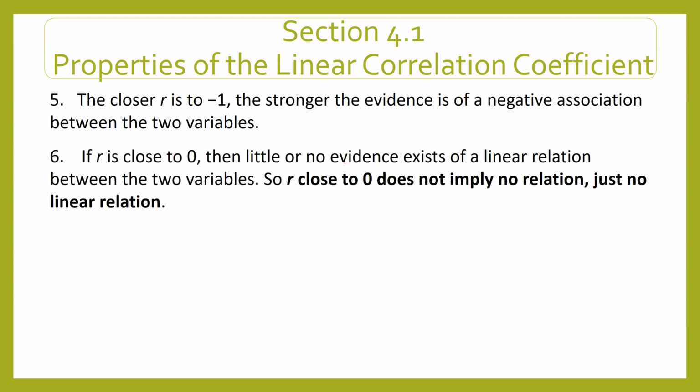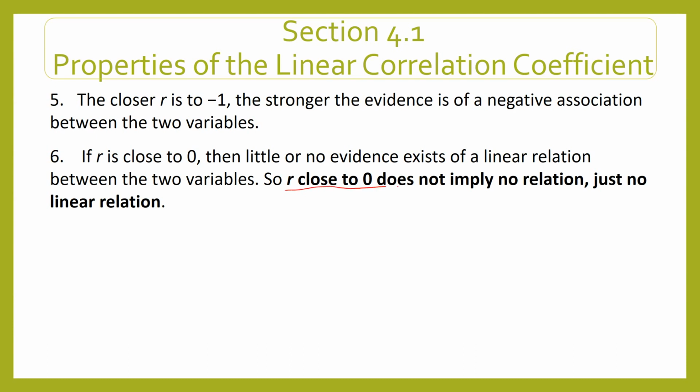If R is close to 0, so we move to the right, +1, we move to the left, -1, and then what happens if we come in the middle? It happens that as R gets close to 0, there is little or no evidence that there is a linear relation between the two variables. Now, the point I want to make here is that this does not mean that there is no relation.